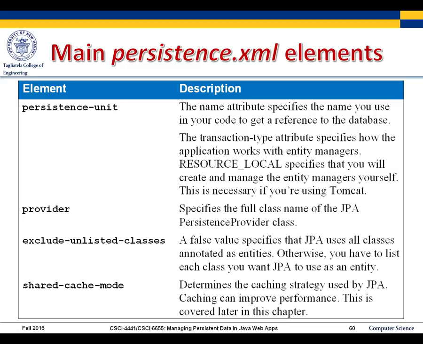So basically, the persistence unit, that's what I just described. These are the XML things. The provider, that's where you say what class it is. Now, the third thing I wanted to mention, again, remember I said the default behavior is to do what you do 90% of the time. In this case, you say, I want all the classes to be controlled. Okay? This allows you to say, except for these.